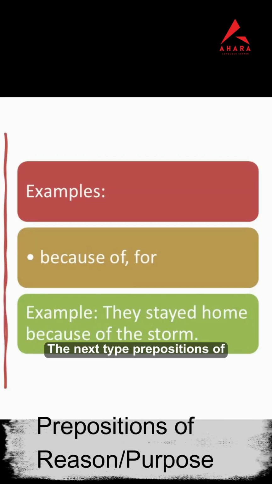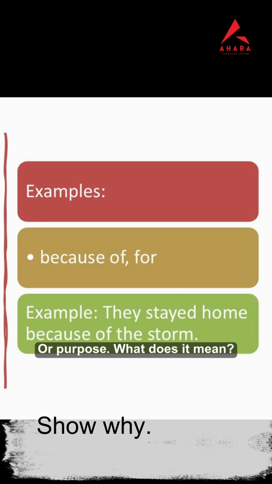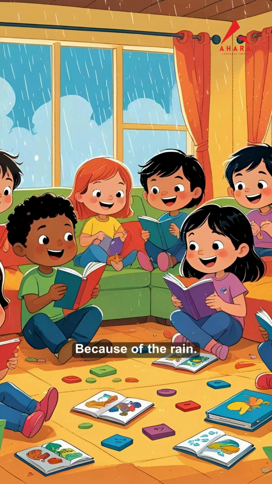The next type, prepositions of reason or purpose. What does it mean? It will show us why. Because of the rain, for her birthday. Example: they stayed home because of the storm. So it gives you the why. The reason is given for us.